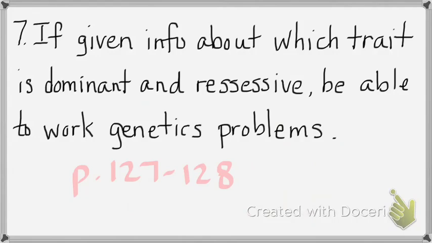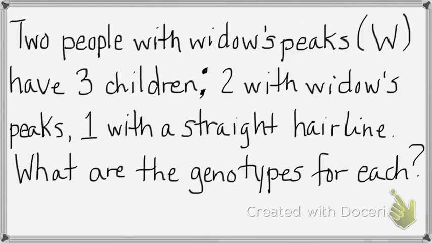And don't forget, I will always tell you what's dominant, what's recessive. And then on the next page, we did a problem about Joe and about Henry. So I would go back and review those questions and just make sure that you can work those genetics problems. They're real easy. It's just been a little while since you worked on them. So just go back and review those.